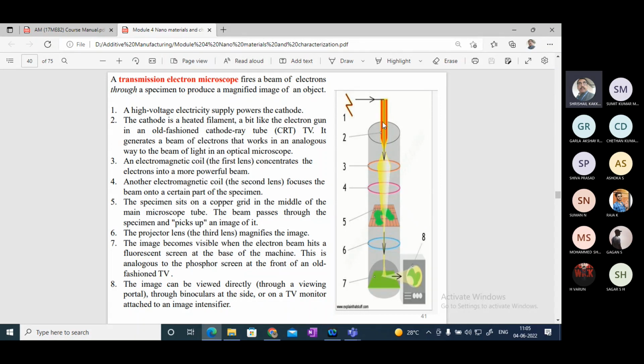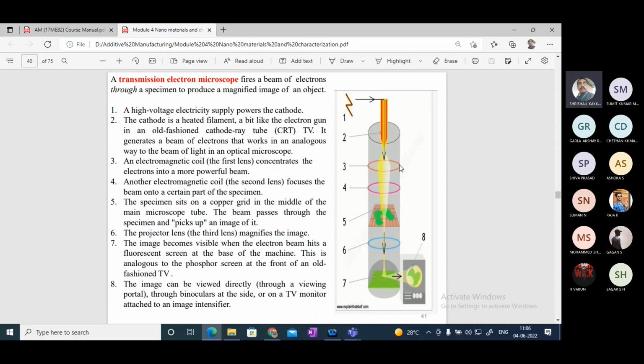This uses a high voltage, so electricity will be supplied to the cathode. Once the electrons are emitted from the cathode, which is heated, there is a CRT tube just like a TV, and this is the electromagnetic coil.